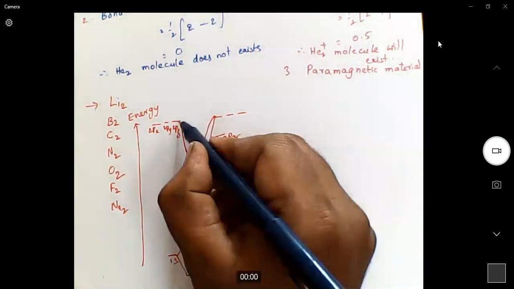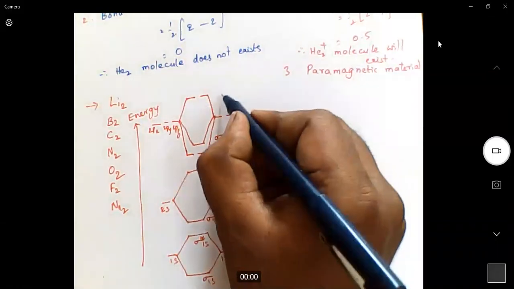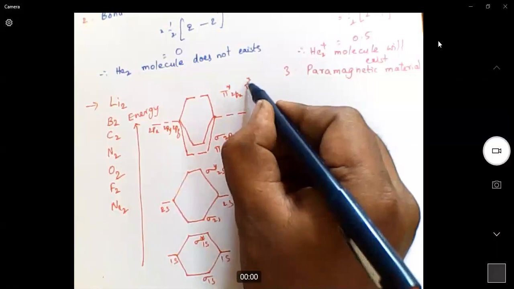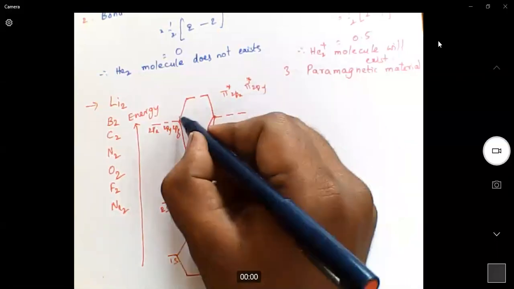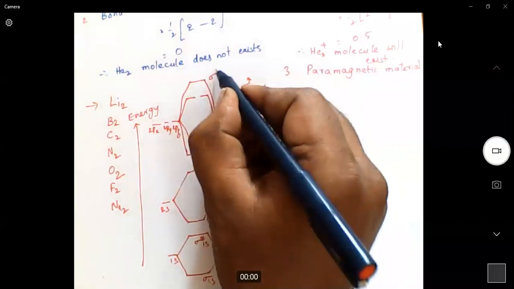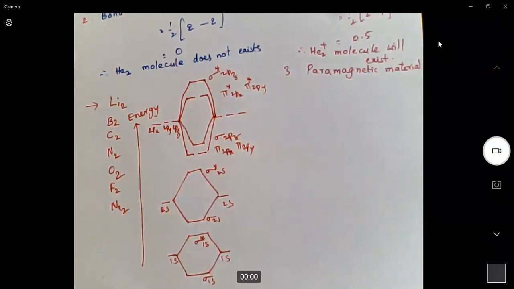In the anti-bonding, pi orbitals will come first. It is pi star 2px, pi star 2py, and then sigma star 2pz. This is the energy order for molecular orbitals of atoms nitrogen or less than nitrogen.